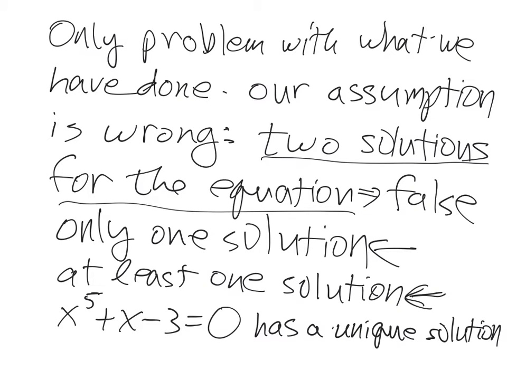Rolle's theorem does work, so that guarantees our assumption is wrong. So there cannot be two solutions. That means there has to only be one solution.